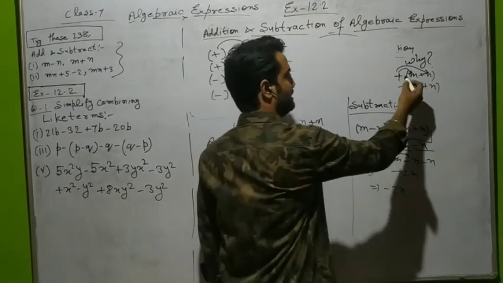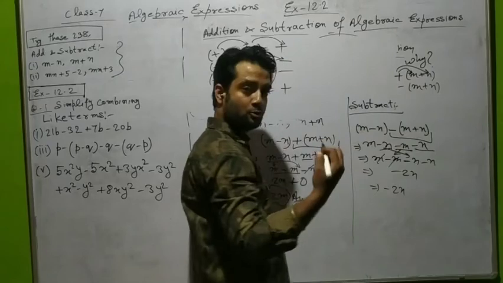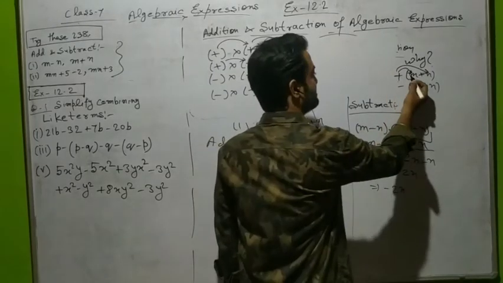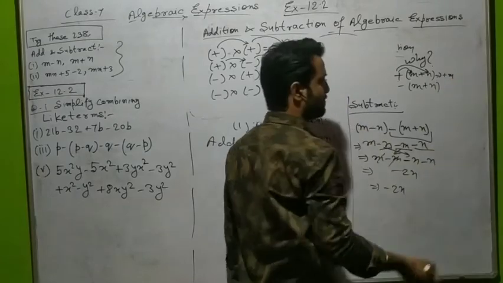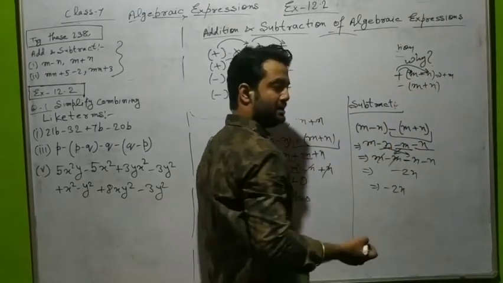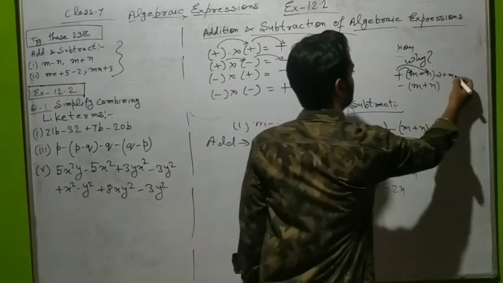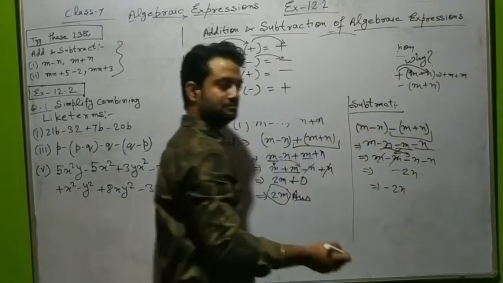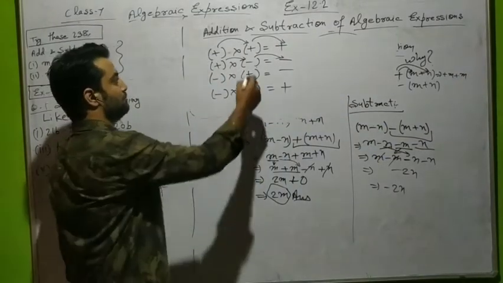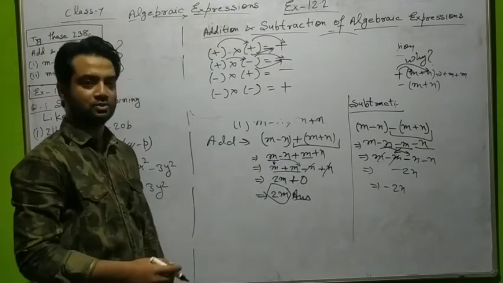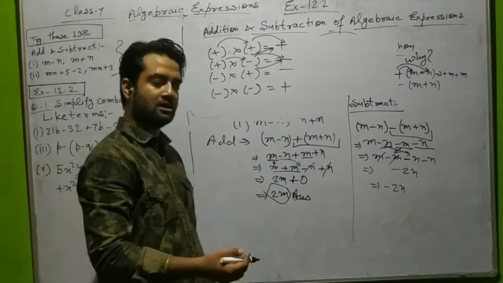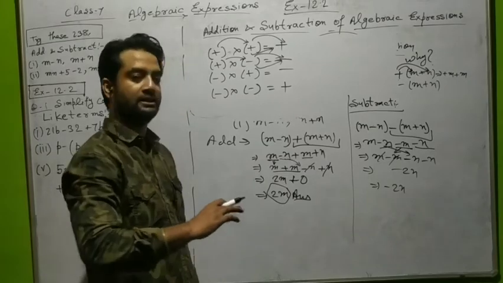So plus multiplied by plus gives us plus m, and plus again multiplied by plus gives us plus n. This sign is retained and this sign is also retained. So inside the bracket, whatever the signs are, they do not get changed.